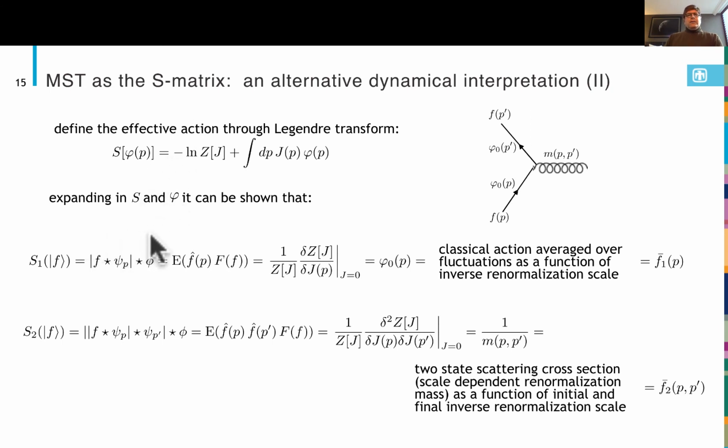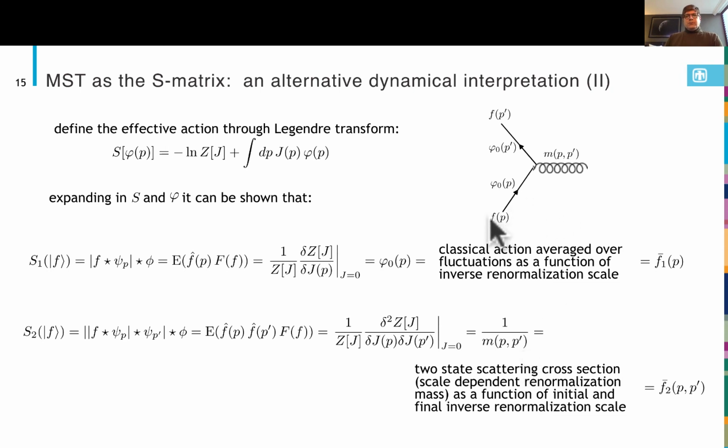And we find that what's important here is that the first-order Mallat scattering transformation is nothing more than the classical action averaged over the quantum fluctuations as a function of scale, inverse scale. And the second-order Mallat scattering coefficients end up being nothing more than the two-particle scattering cross section, or 1 over the mass of the particle that ends up mediating the interaction.